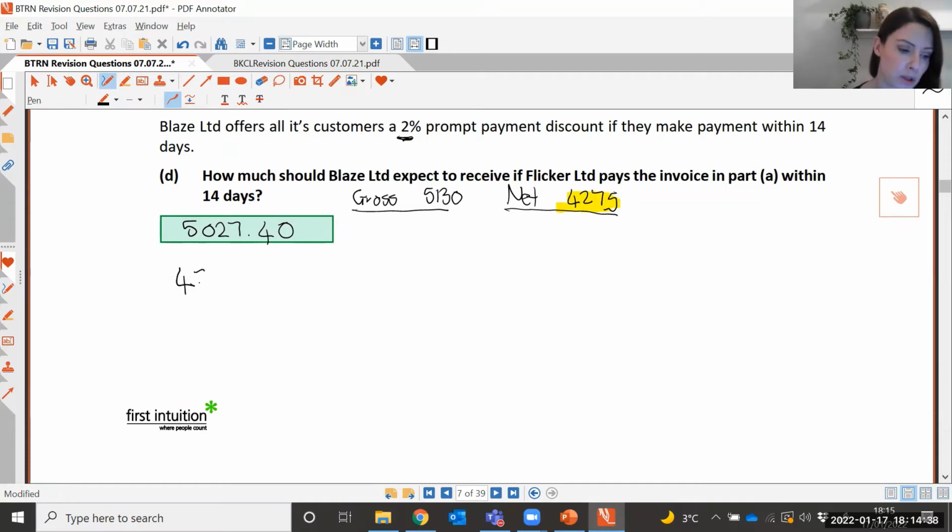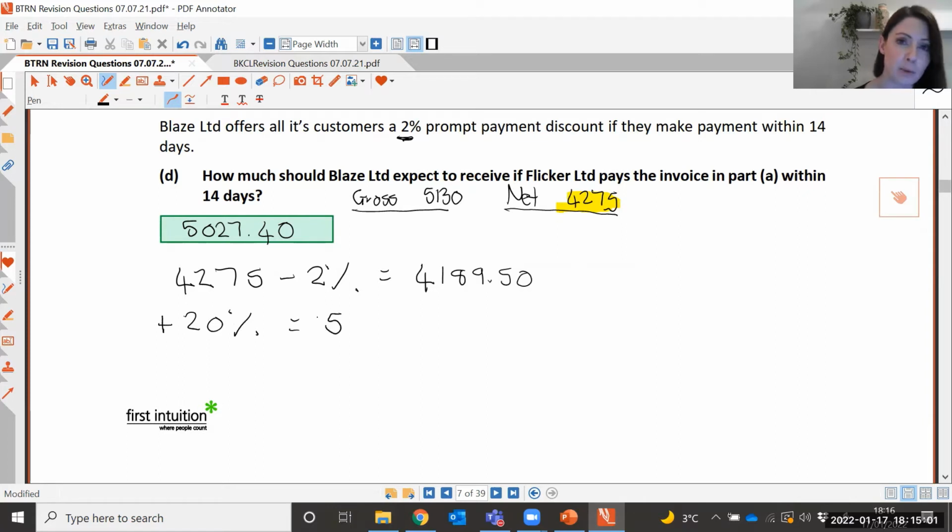So we would do the 4,275 minus 2% equals a new net figure of £4,189.50. And then we would add on 20%, and that would give us our new gross total of £5,027.40.